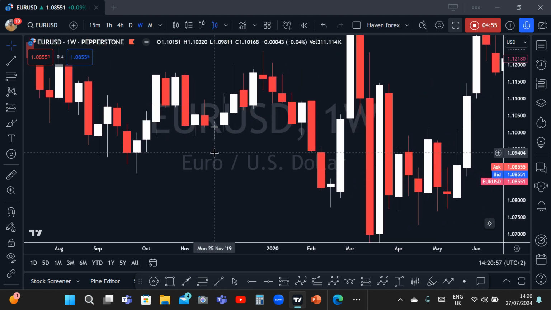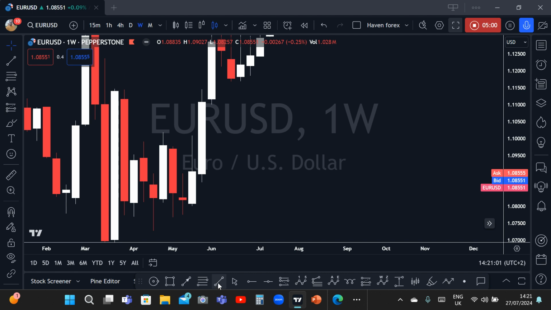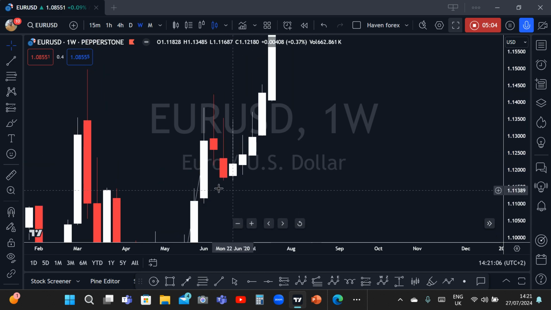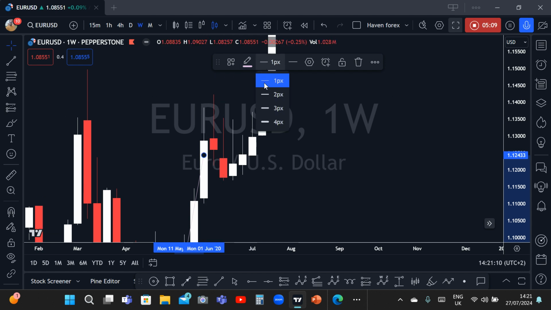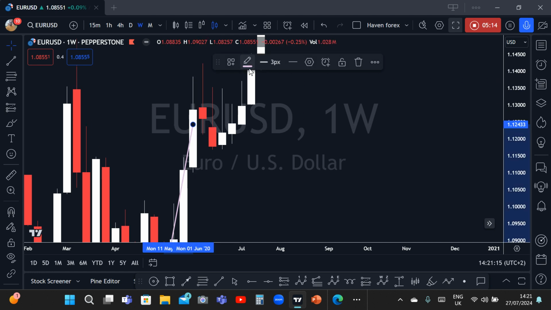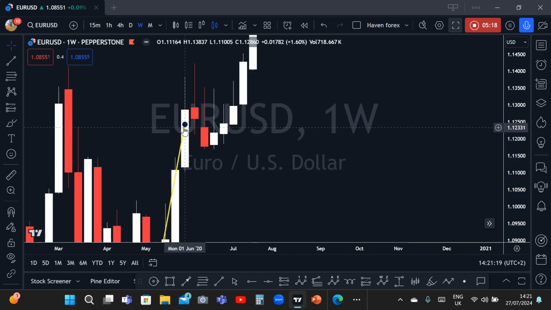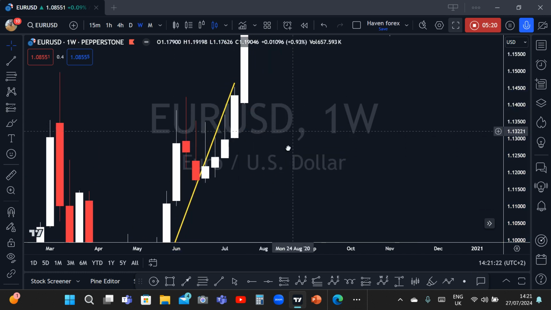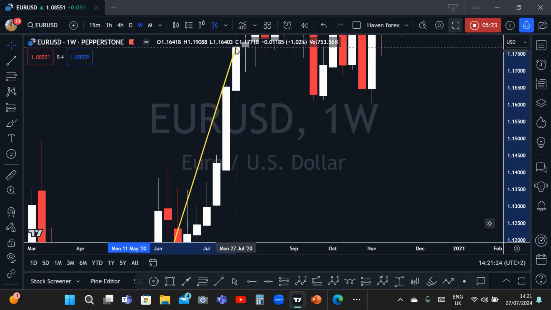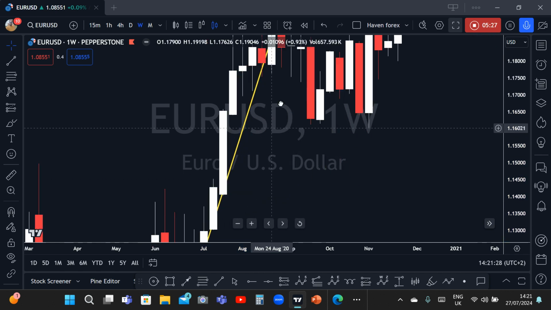Like here, for example, if you look at this, you will see that this is a bullish trend. Let me increase this a little so that we can see it very well. I can use another color. Okay, you can see this is a bullish trend up to this point, right?